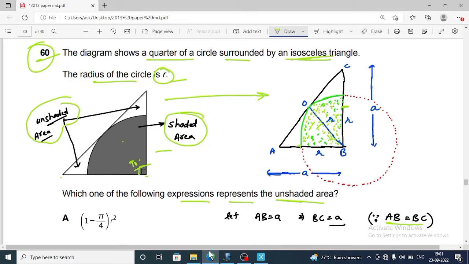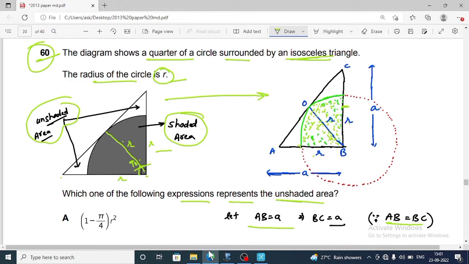Now we are given that the radius of the circle is r. That is, this is r, this is r, and this line is also r. In this figure also, this r and this r. For simplicity, I take this side AB as a.